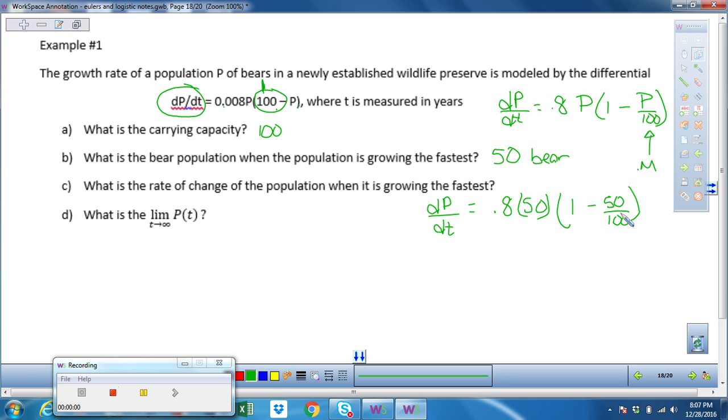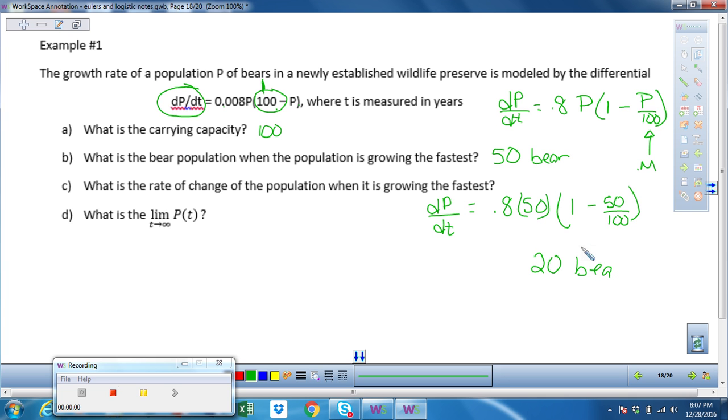And you can use your calculator to solve that. So it would be 0.8 times 50 times 1/2, so approximately 20 when it's growing this fast. So the rate of change at which it's growing is 20.